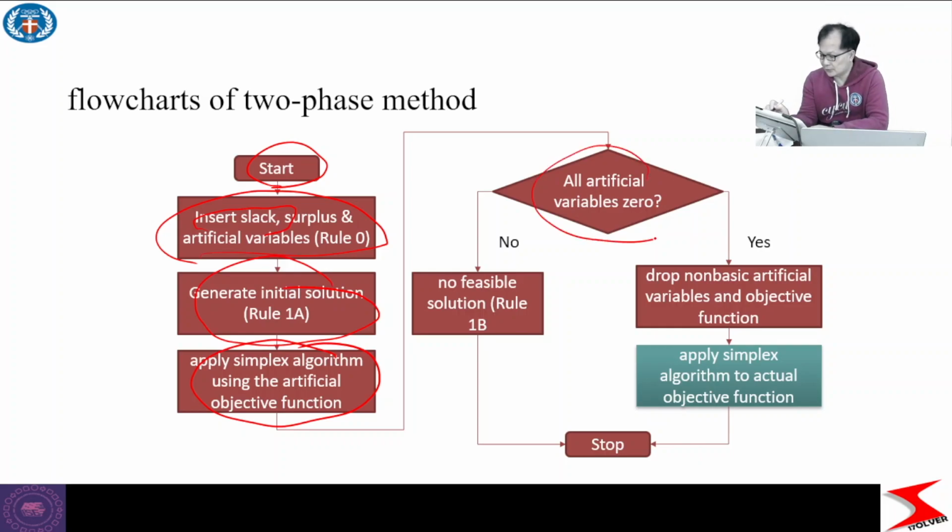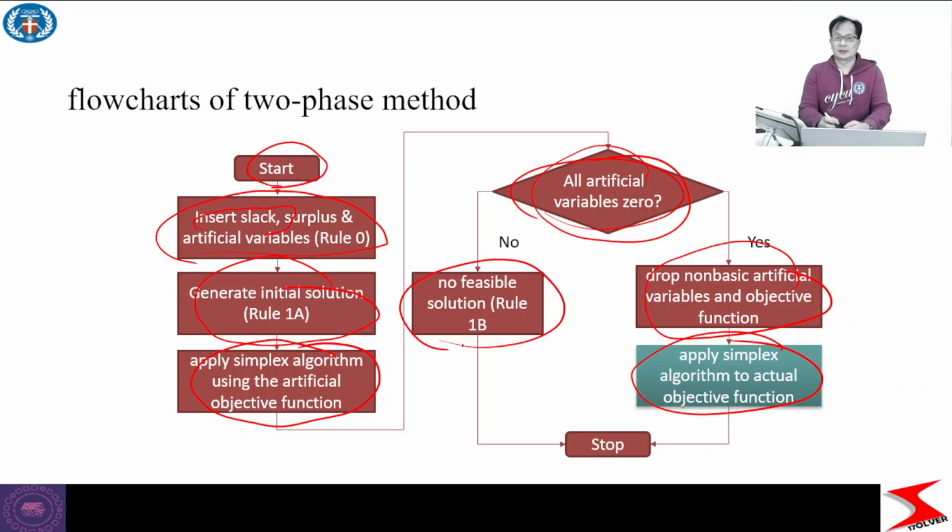So if all artificial variables are 0, then we try to drop all the non-basic artificial variables and function, and apply the normal simplex algorithm to the actual objective function and find the final optimal solution. If the artificial variables are not all 0, then we can stop because no feasible solution is found.